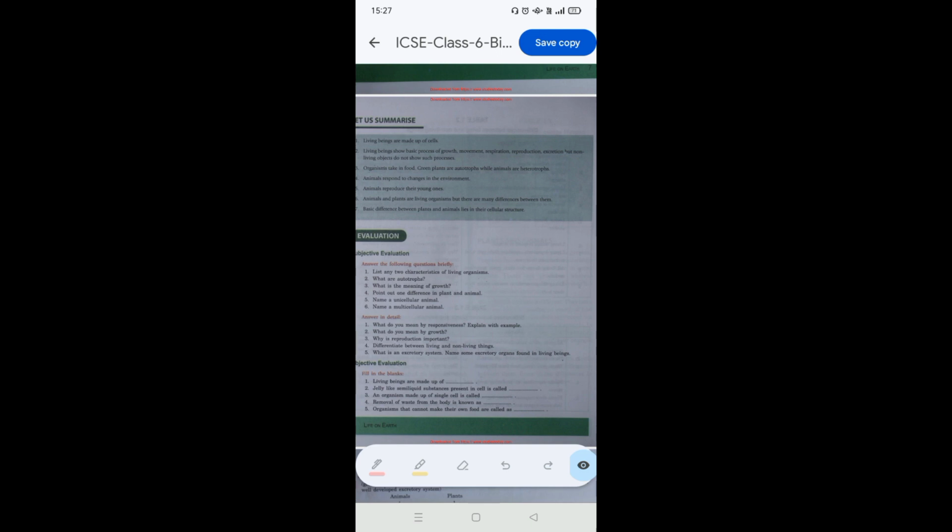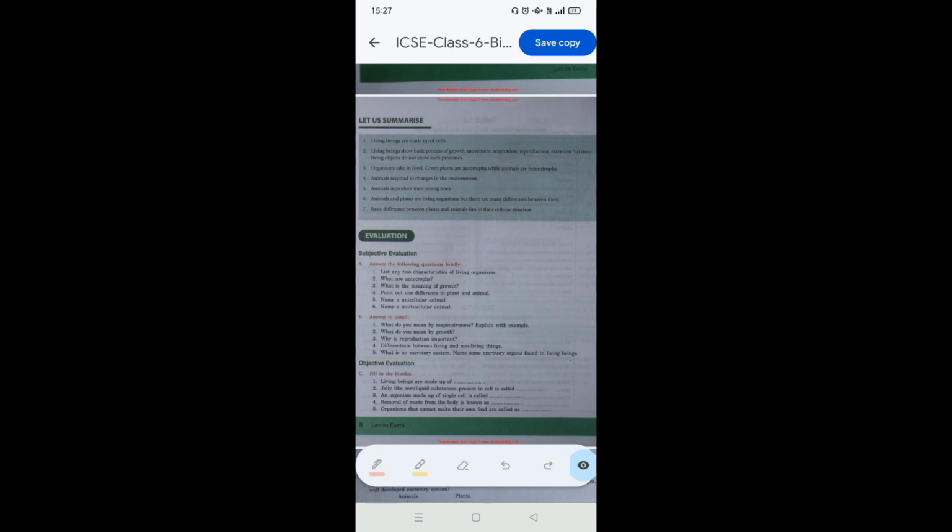Living beings are made up of cells. Second, living beings show basic processes of growth, movement, respiration, reproduction, excretion, whereas non-living objects do not show such processes. Organisms take in food. Green plants are autotrophs while animals are heterotrophs.